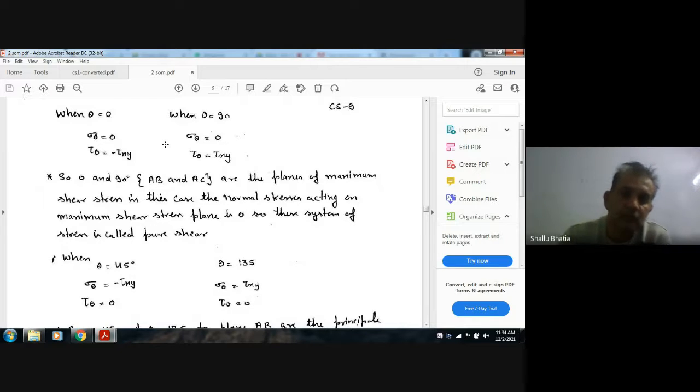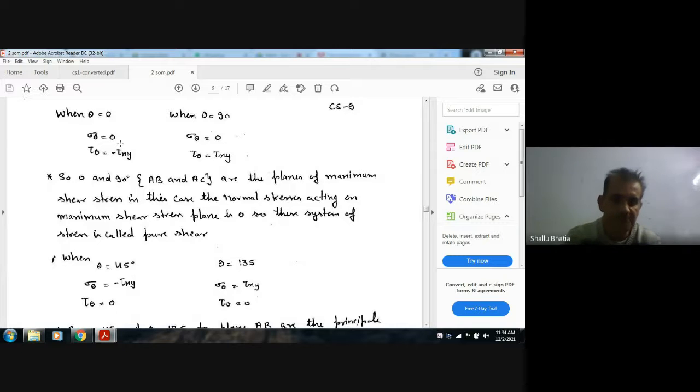At these planes the value of sigma theta is 0 in this case, but in the previous cases there was some value of normal stress at the planes of maximum and minimum shear stress.